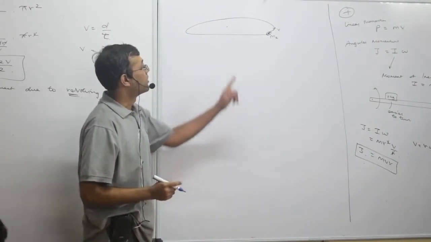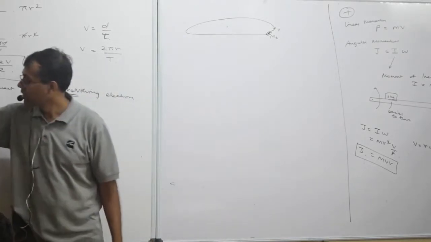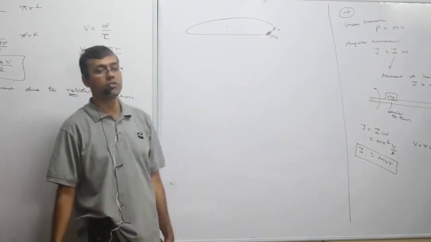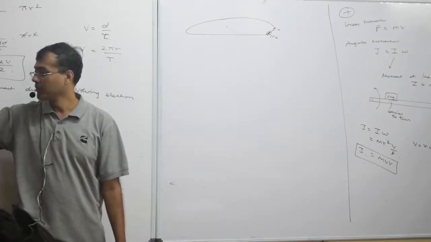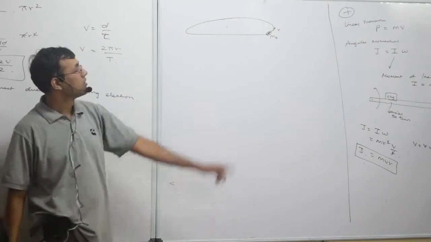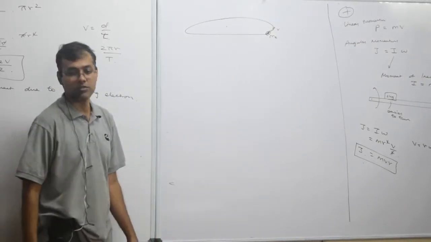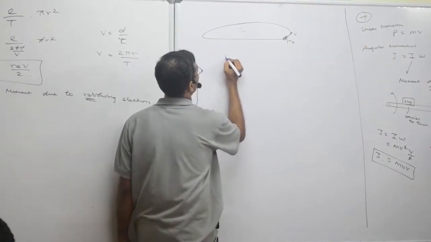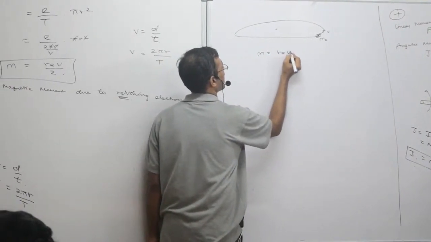Since I have another term called magnetic moment, it is a bit confusing. So that's why I'm using me as the mass of electron. So this m is magnetic dipole moment. This m is mass of electron. So that means from this formula I can say m is equal to rev by 2.